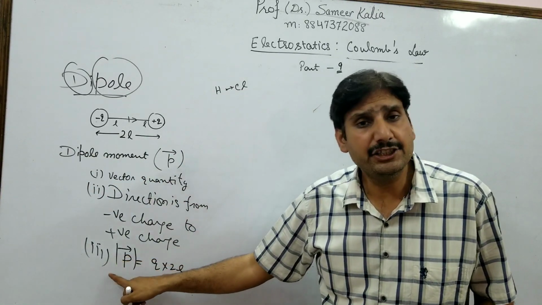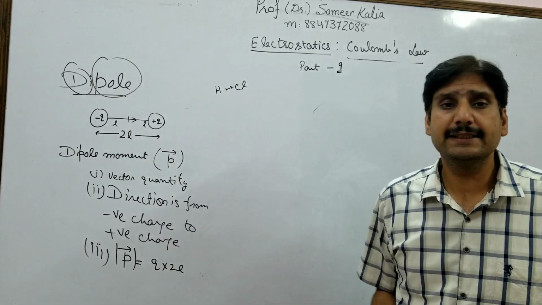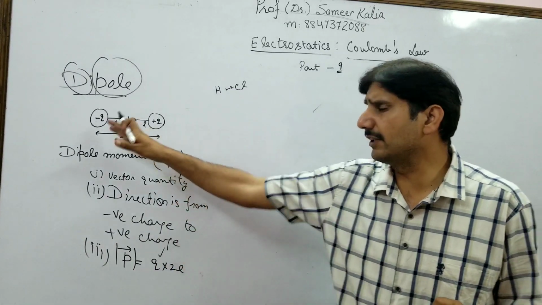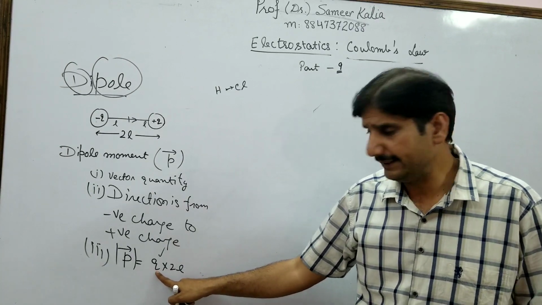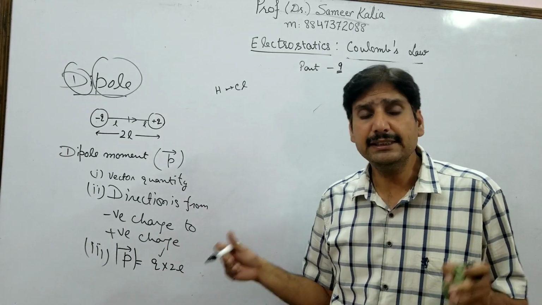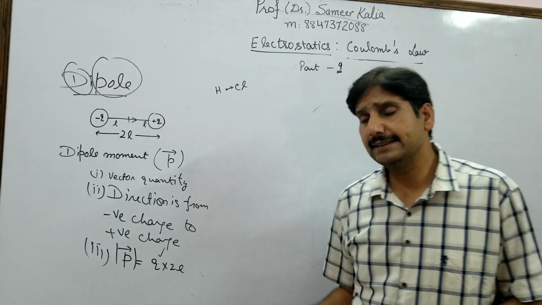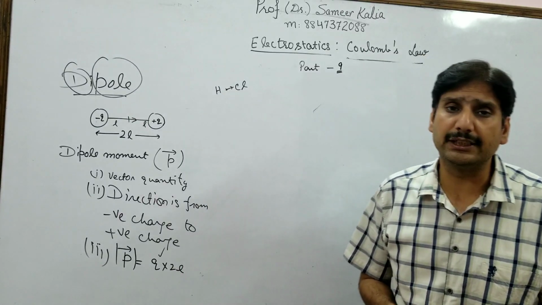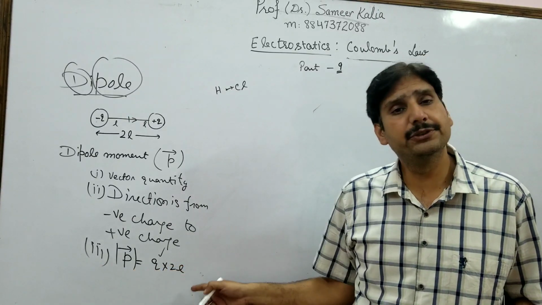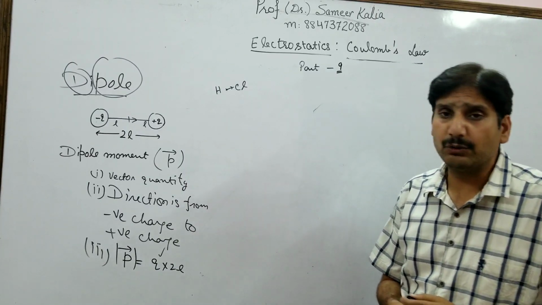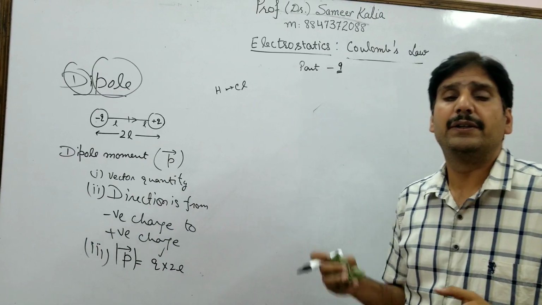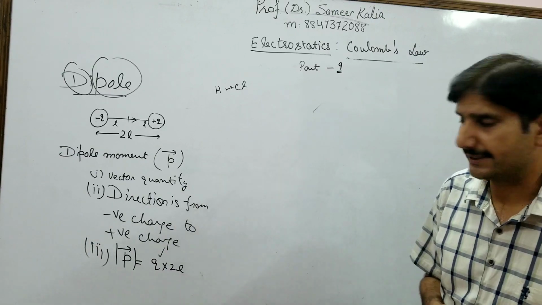The magnitude of dipole moment is the product of either charge, both of them being equal, so q without sign, into the distance between the charges. Here the distance is 2L, so the dipole moment turns out to be q into 2L. Now let us find out the electric field due to a dipole on its axial line first.